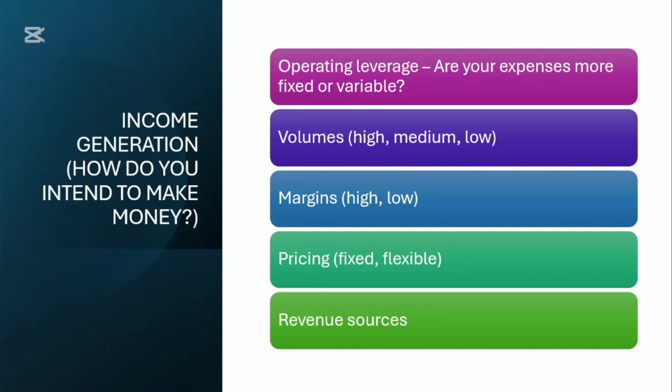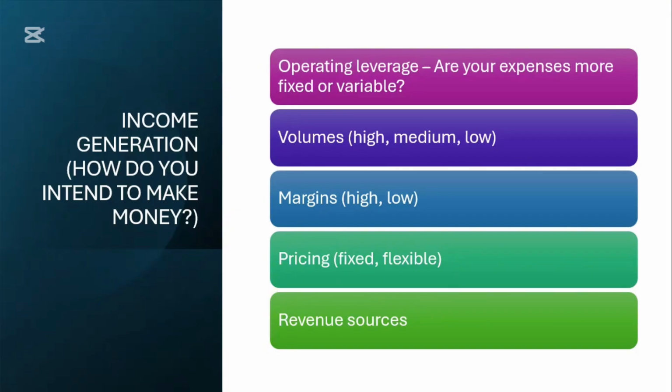If expenses are more fixed, then let's say you have changes in how much you produce, you still have costs being incurred by your company. However, if it is more variable in nature, then if you don't produce, you would not have as much cost as a company that has a high fixed cost.